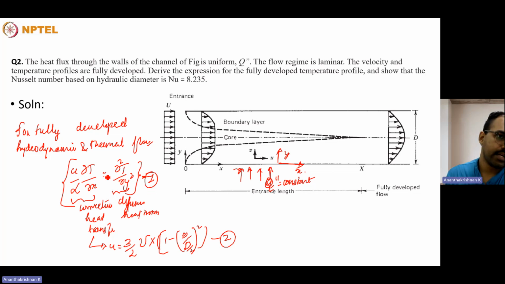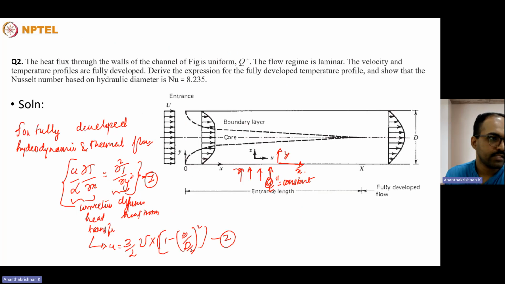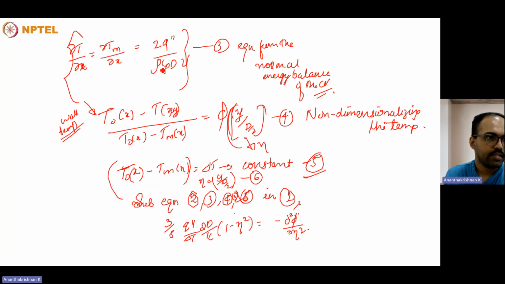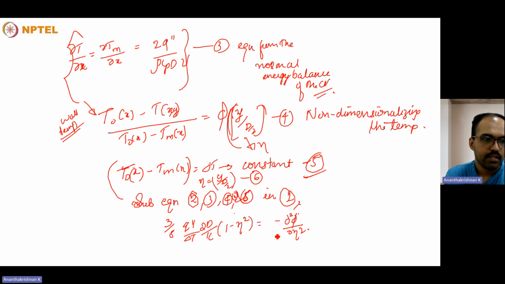Then again resubstituting it for one more differentiation, we get dou squared phi by dou eta squared, taking the constant terms onto the left hand side and substituting dou t by dou x in the form of 2q double dash divided by rho cp dou u. We can arrive at the equation where the only additional terms will be these particular constant terms. I can denote it by 7.